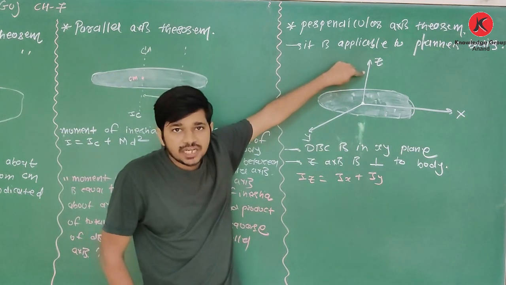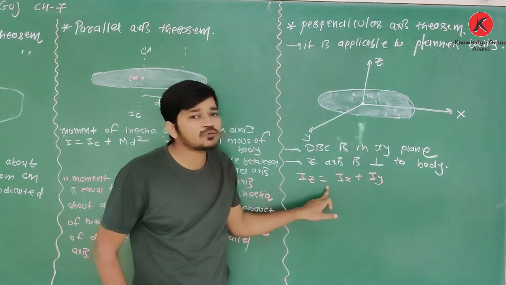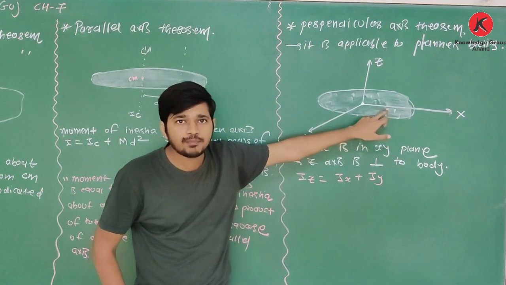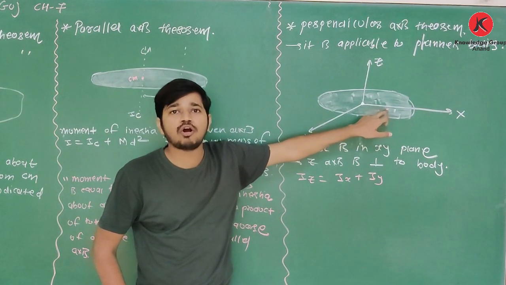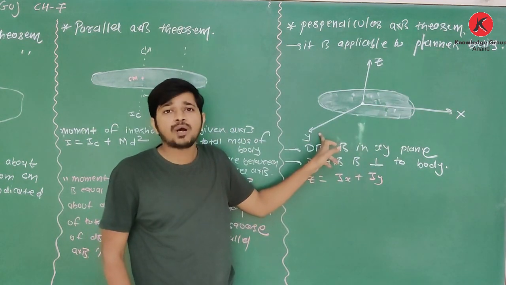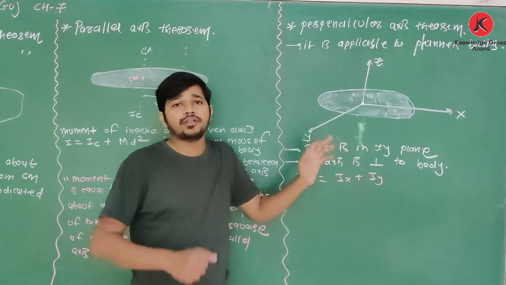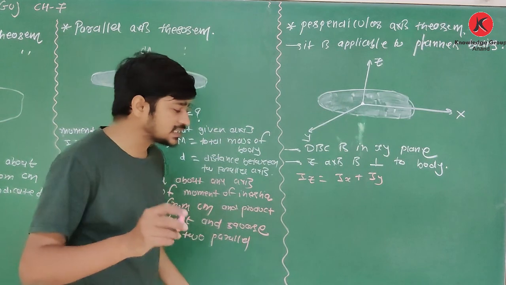Moment of inertia about an axis perpendicular to the body, Iz, is equal to the moment of inertia about an axis which is within the plane of the body, plus the moment of inertia about an axis which is again in the plane of the body. But see, this x and y are perpendicular to each other. Then how to write the statement?